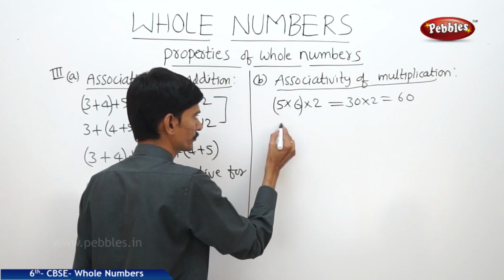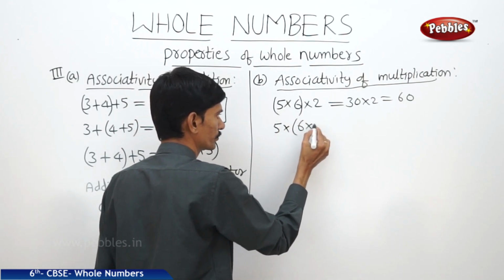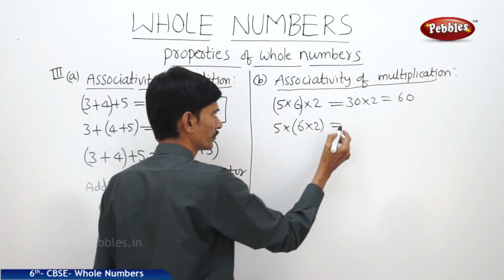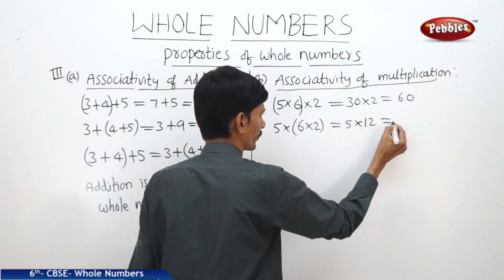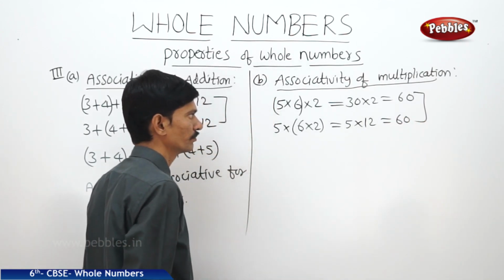And in the second case, we multiply 6 and 2 by grouping them. So 6 into 2 equals 12. This product is multiplied by 5. So 5 into 6 2s are 12, so 5 into 12 is 60. So in the two cases, we have got the same product.